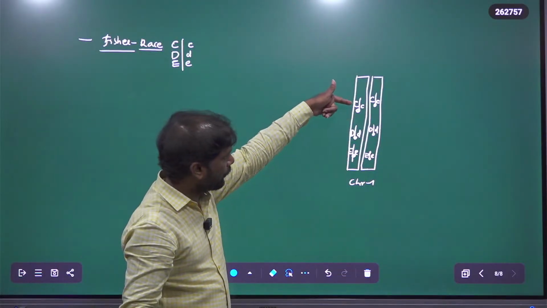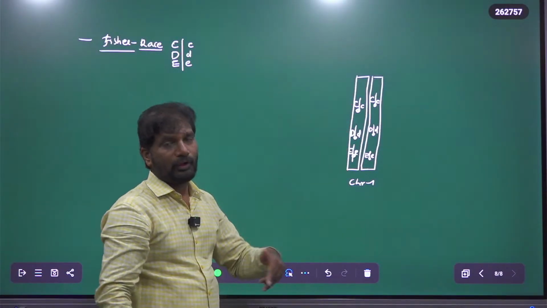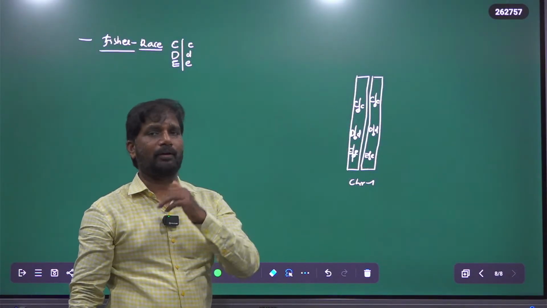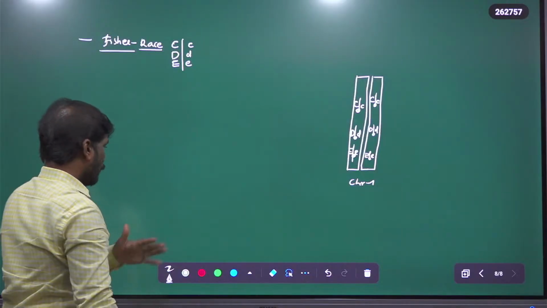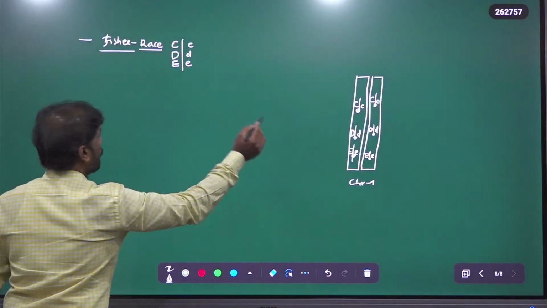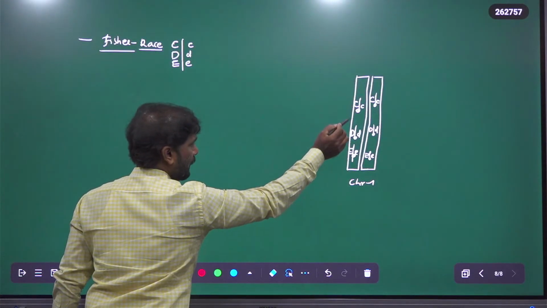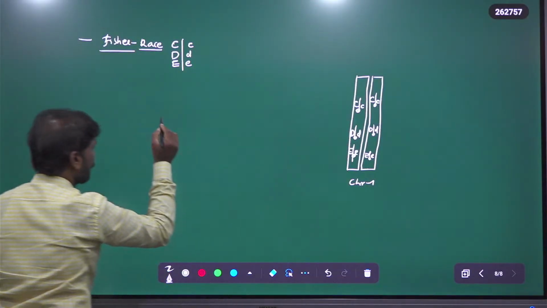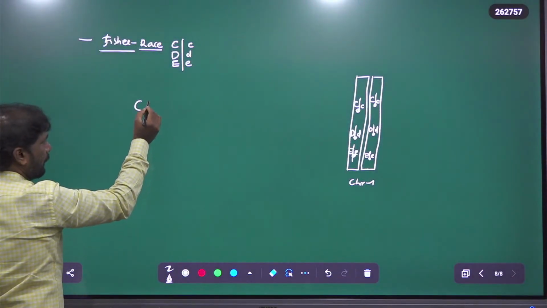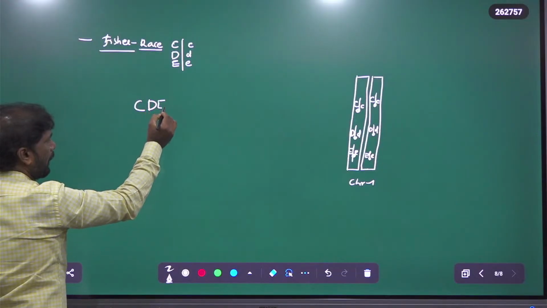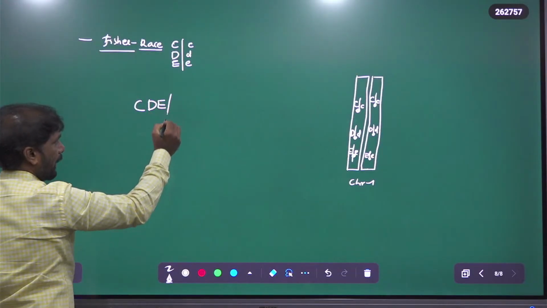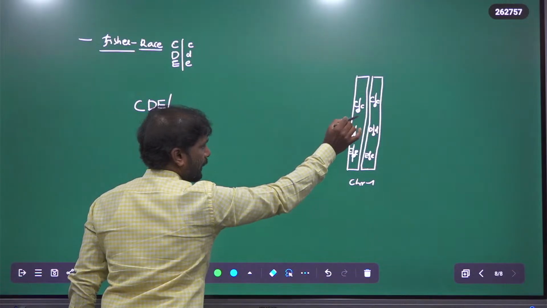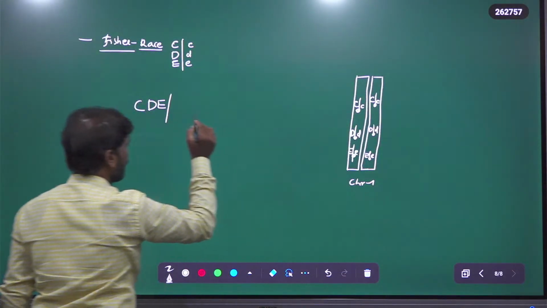So according to these 3 alleles, we can get 4 pairs of genotypes. So what are the genotypes? Here it is capital C, capital D, capital E, either small c, small d, small e.